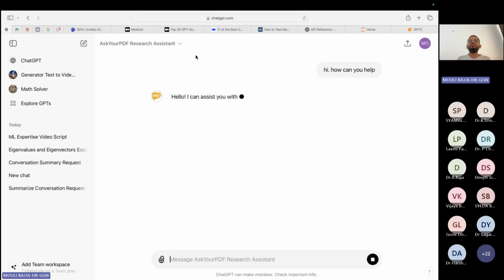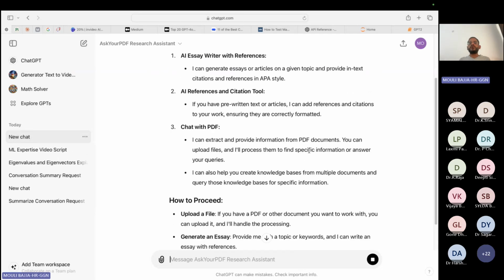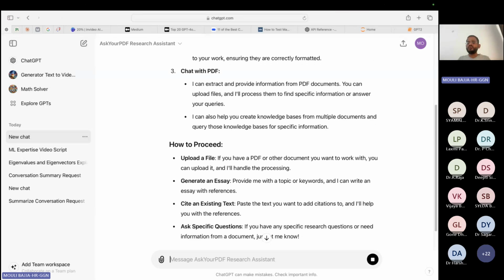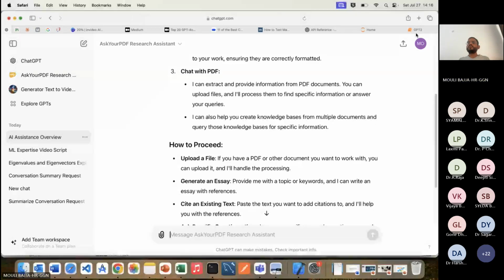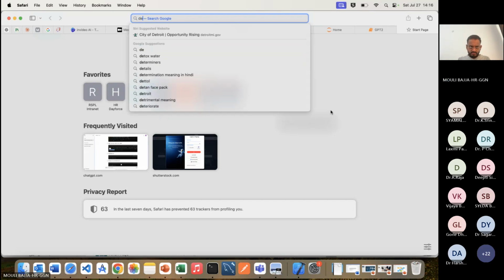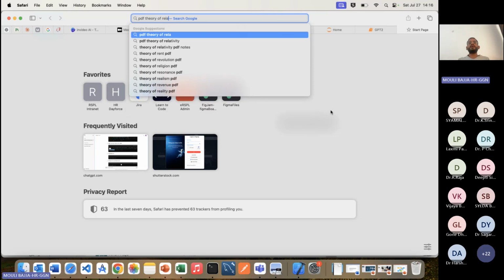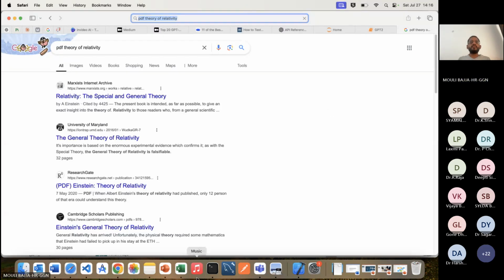Quantum physics can be a complex topic, or is there any other topic that we want to choose? A PDF on theory of relativity, the special and general theory.